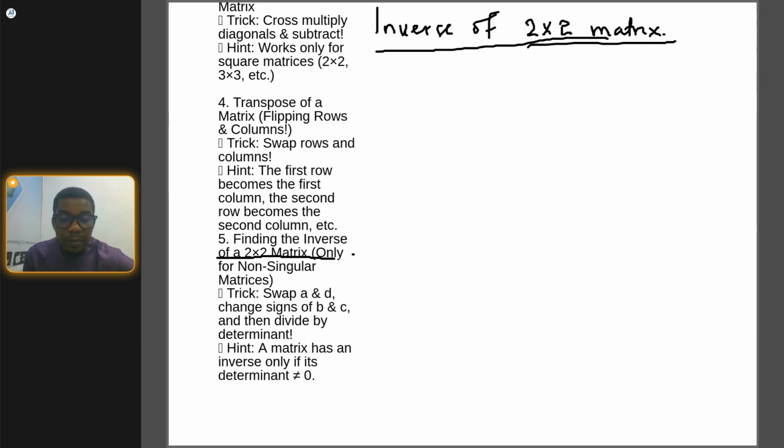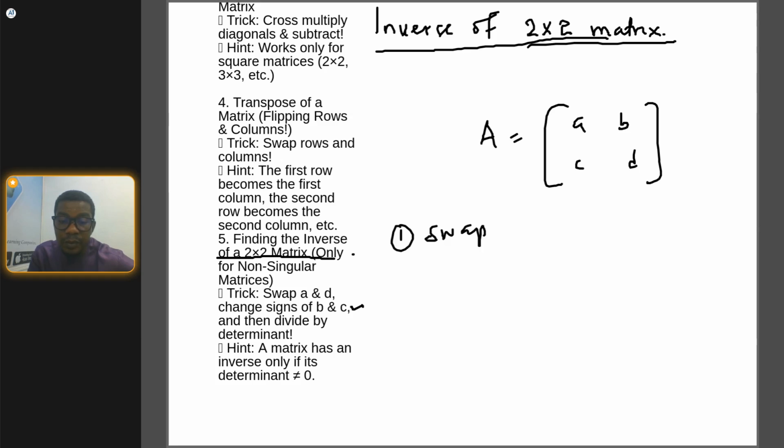Step 1 says swap A and D. Let's say we have matrix A equals A, B, C, D. To get your inverse, step 1 is swap A and D. If I'm swapping A and D, that means this will come to this place and this will go to the other side. That is what we mean by swapping.